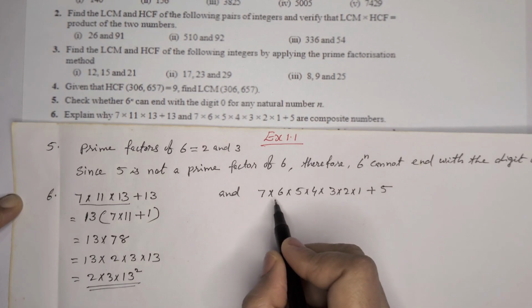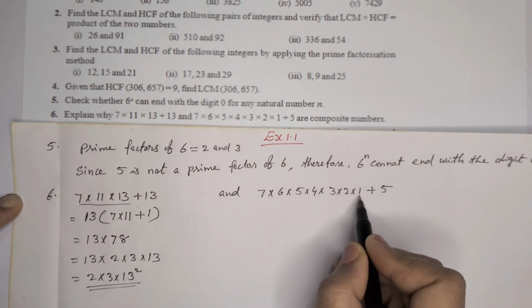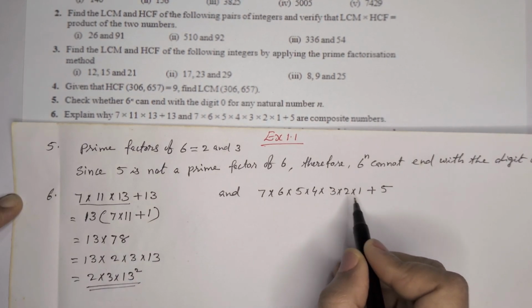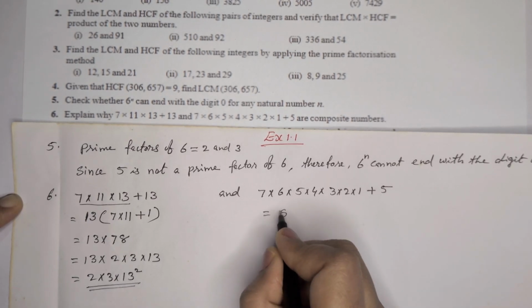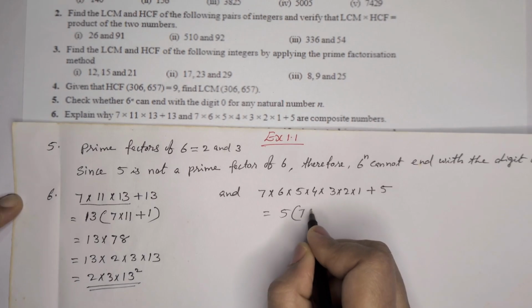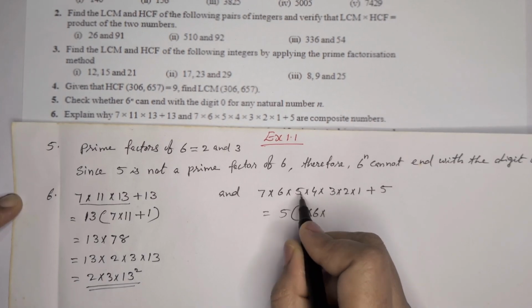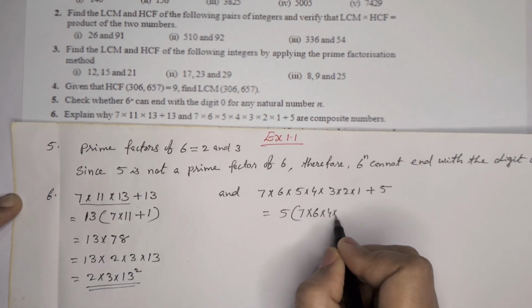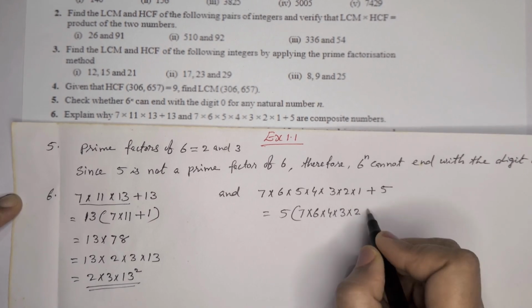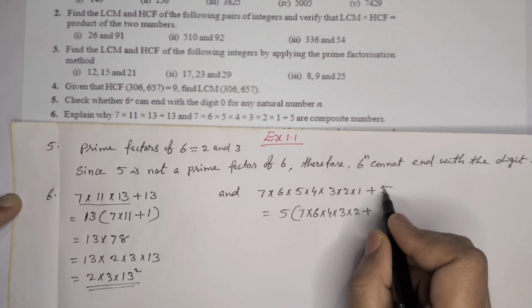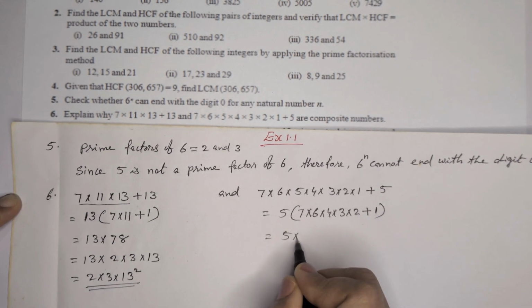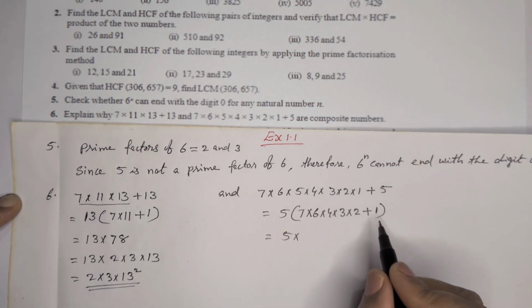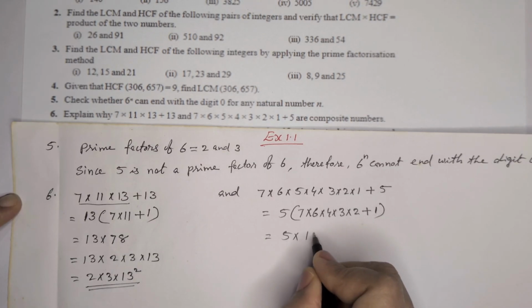Same way here, from 7 till here is the product, multiplication sign in between, and here 5. So we can take 5 as common in the first bracket. Then remaining 7 into 6 into 5 already we took out, then 4 into 3 into 2 into 1, plus when we are taking the 5 out, here 1 is coming, which is equal to 5 into, when we are multiplying all these numbers and then adding 1 with that, we will get 1009.